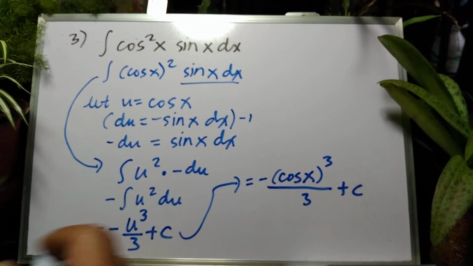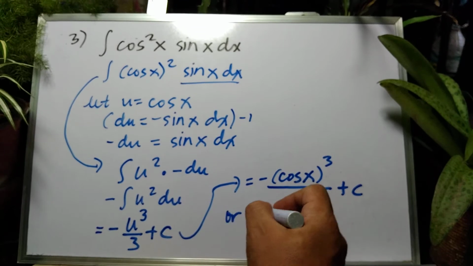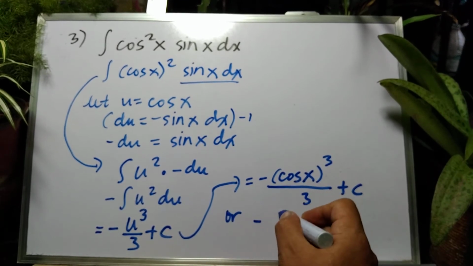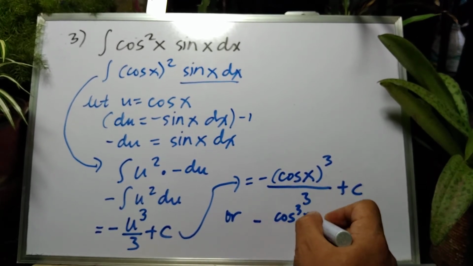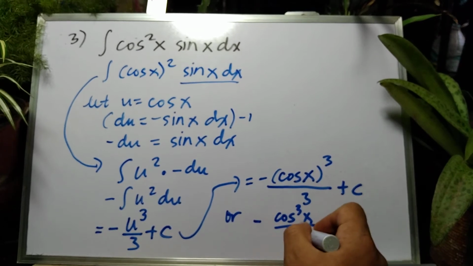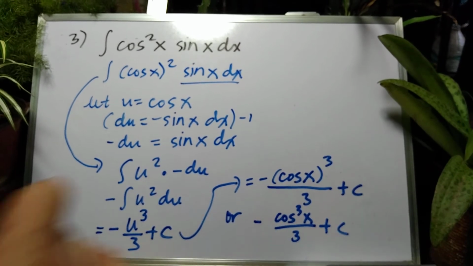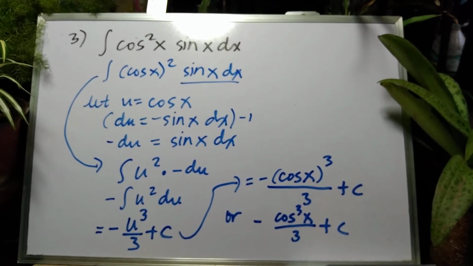Kuha na to class. Or, kung di mo gusto na, you have here, or negative cosine cube x over 3 plus c. Pariyara na siya. Pwede po mo, negative 1/3 cosine cube x plus c. Okay? So, I hope na mo'y nasabtan.